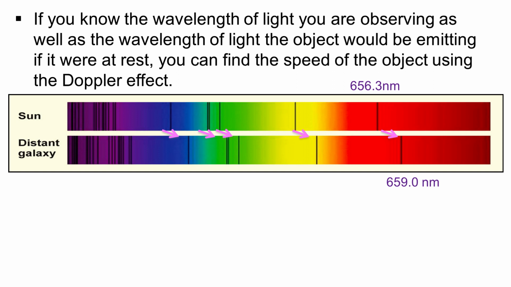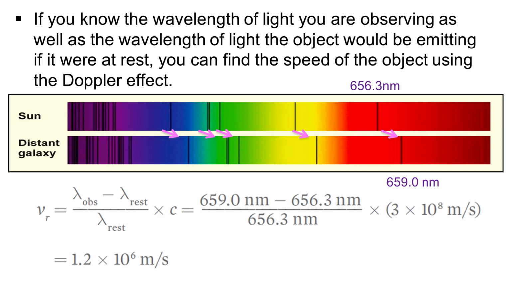Okay? So literally, based on the Doppler effect, we can calculate the speed of the object moving. Isn't this awesome? Here one of the sun's black observed lines is 656.3 nanometer, the original wavelength, or we can say the wavelength at rest.